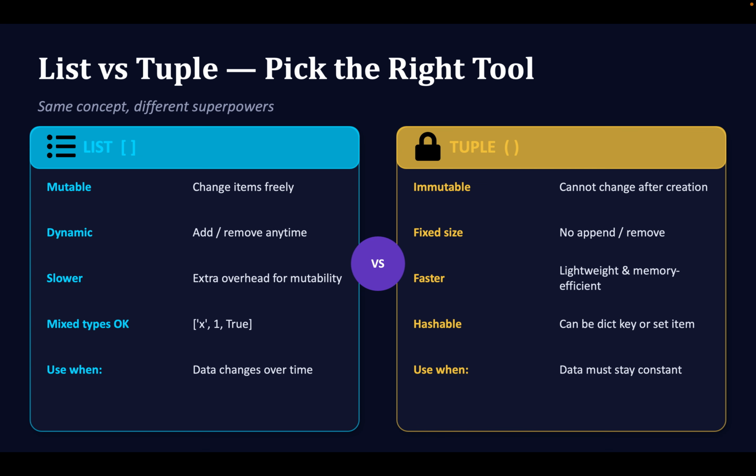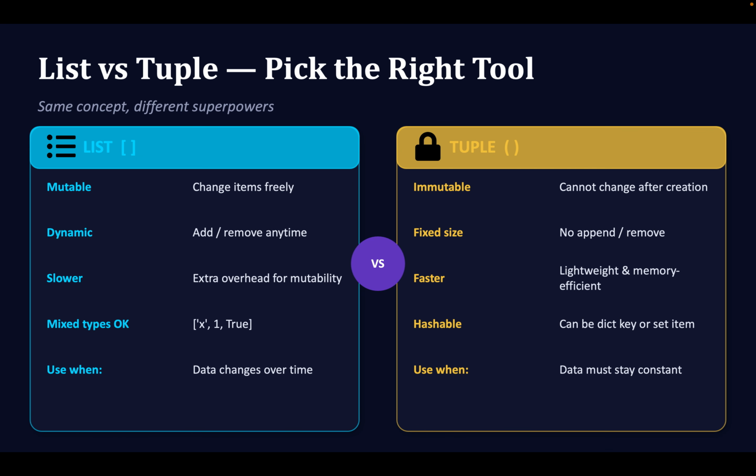So the major difference between a list and a tuple is that lists are mutable, as I mentioned. That keyword is very important. List is mutable means you can change items freely, and it is dynamic. You can add or remove at any time. Pop, remove, append, everything can be performed over a list, but it cannot be applied to a tuple.